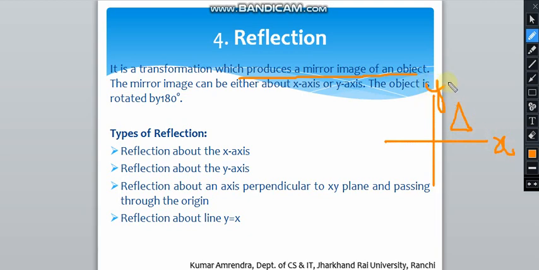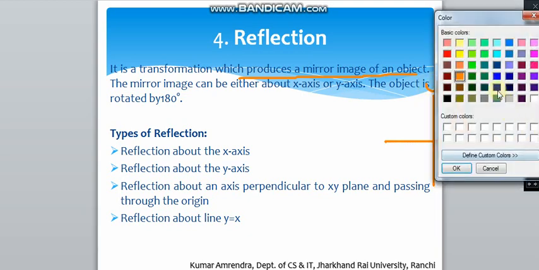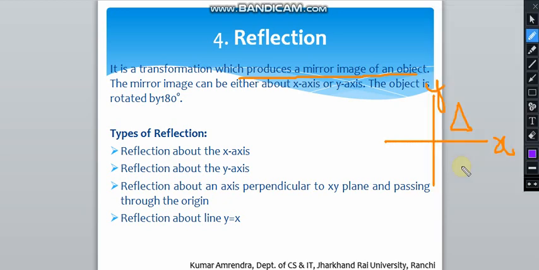The reflection along the x-axis means that the x-axis will act as the mirror, and the image produced will be like this. This will be the image produced while reflecting about the x-axis.